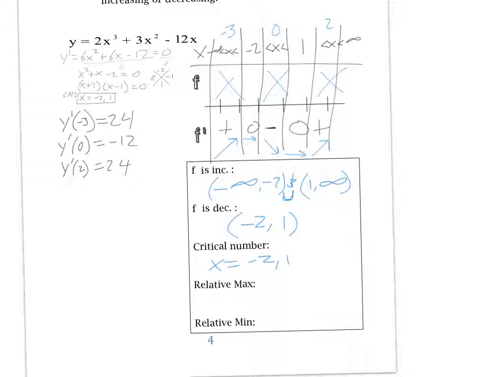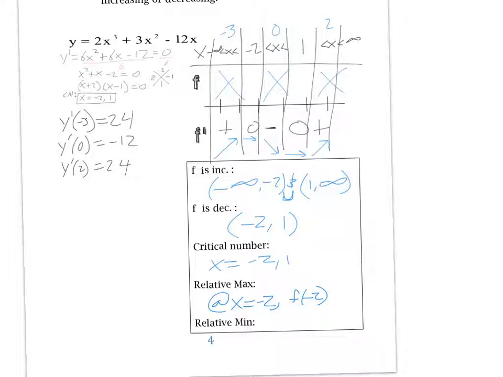Relative max. We could tell from our sketch now that we have a relative max here at x equals -2. So we could say at x equals -2, and f of -2 is what? Well, we can just plug a -2 into our function. Again, I would just use a calculator for this. No reason not to, unless they say you can't use a calculator.